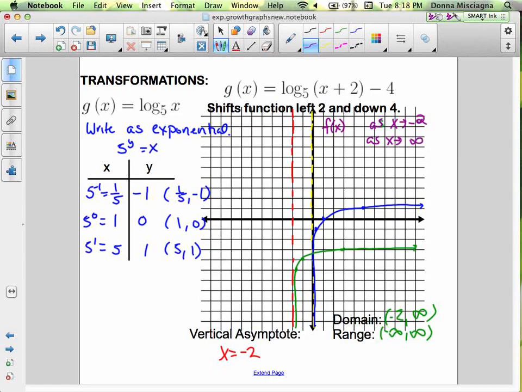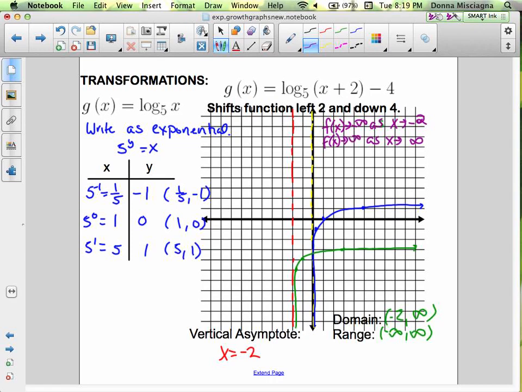So what happens as the function gets close to negative 2? Your function is going to head to negative infinity as it gets closer and closer to the asymptote. Actually, if your base is greater than 1, it's always going to be negative infinity as you go towards the asymptote.